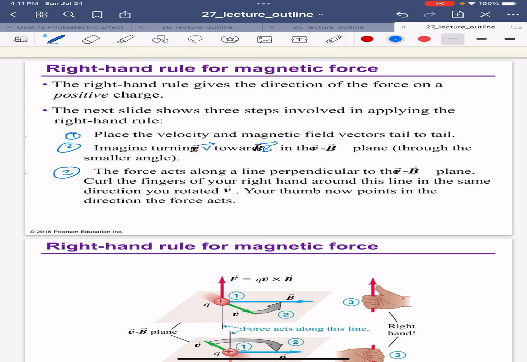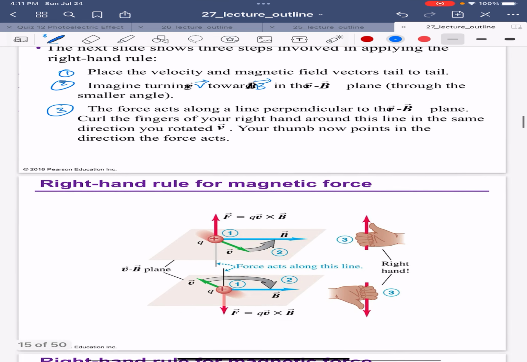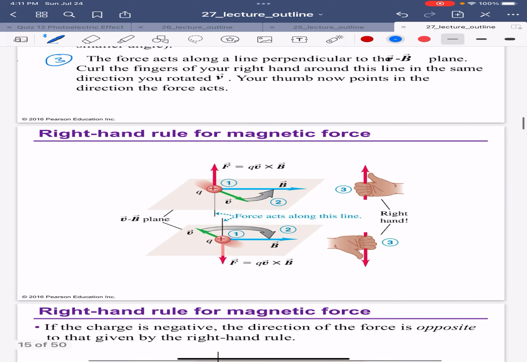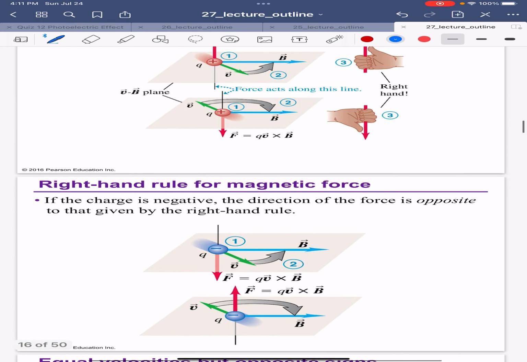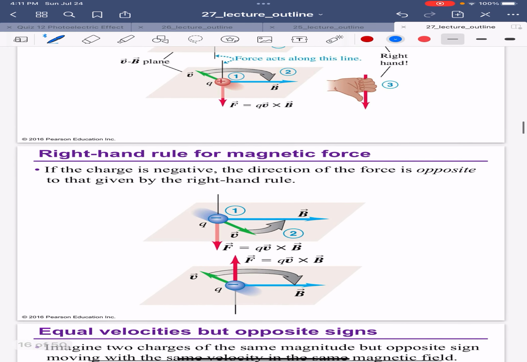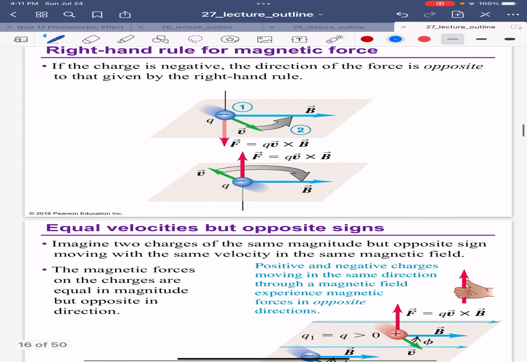You're going to curl your fingers in that direction, and then your thumb is going to point in the direction of the force. This is what I was explaining to you, and these are really the same idea.